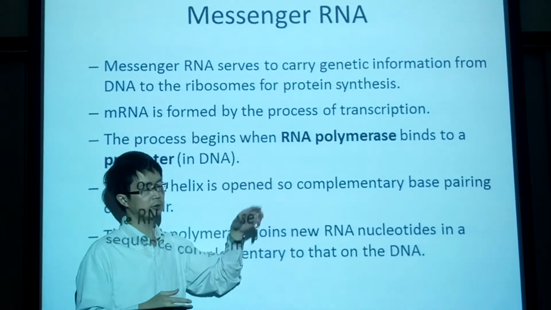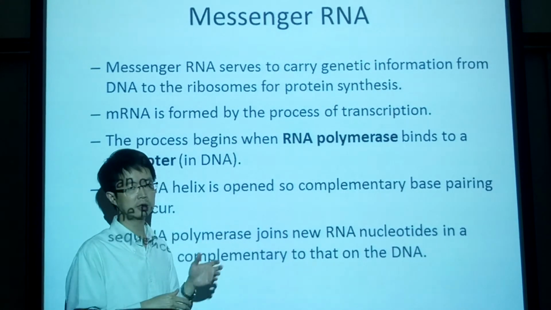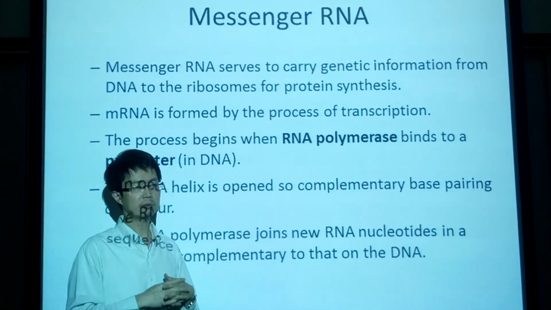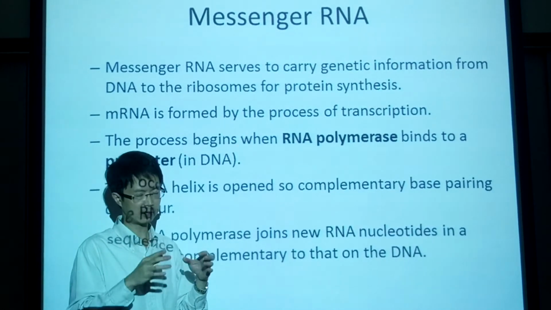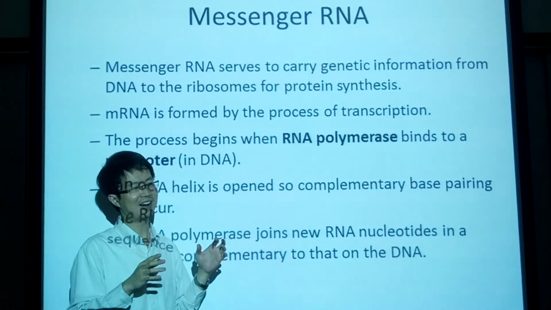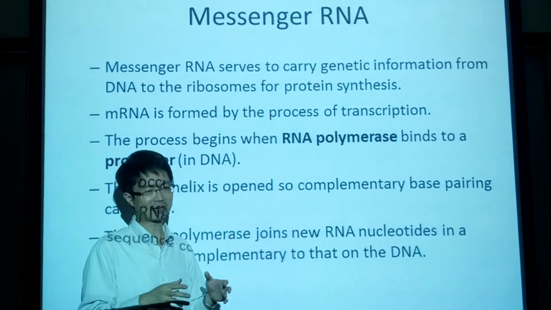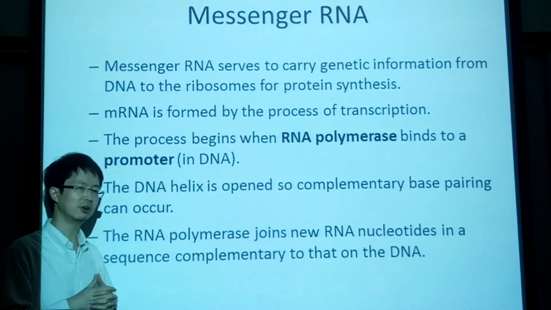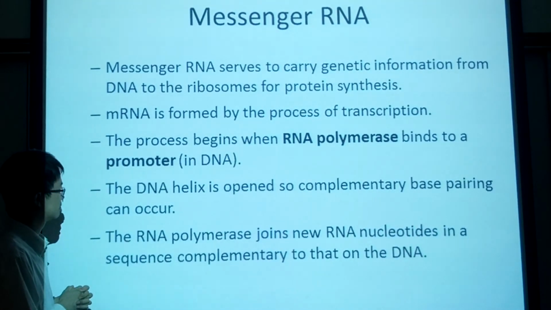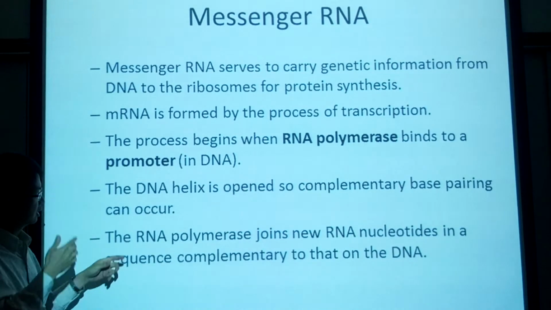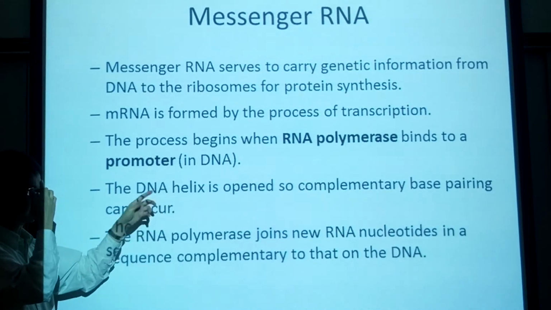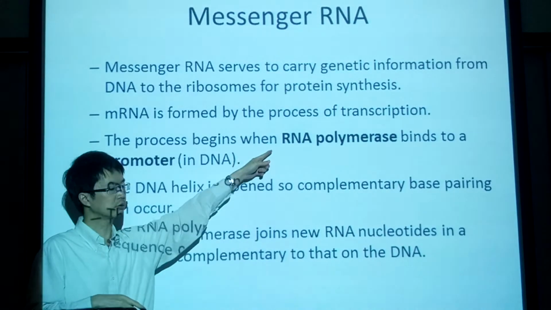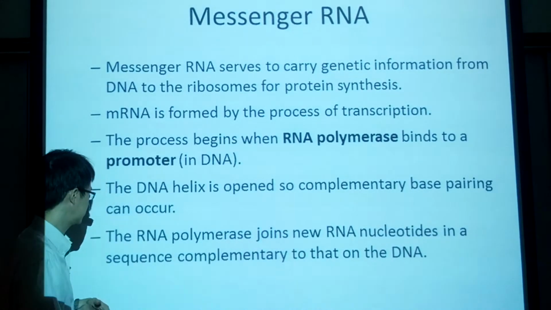After the RNA polymerase binds to this promoter sequence, promoter region on the DNA, then RNA polymerase will start to do its work to transcribe DNA into RNA. So the DNA helix, it is a double helix. It will also unwind, but this time it is done by RNA polymerase.